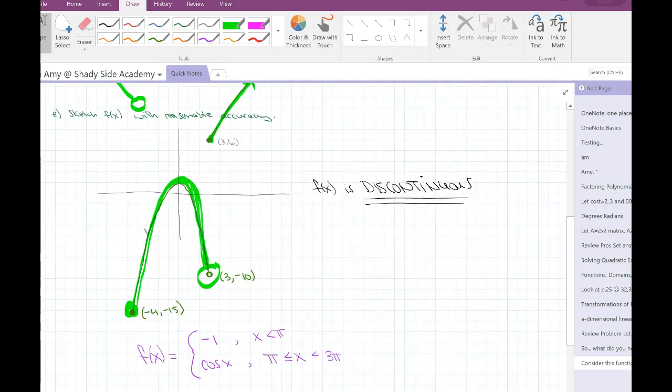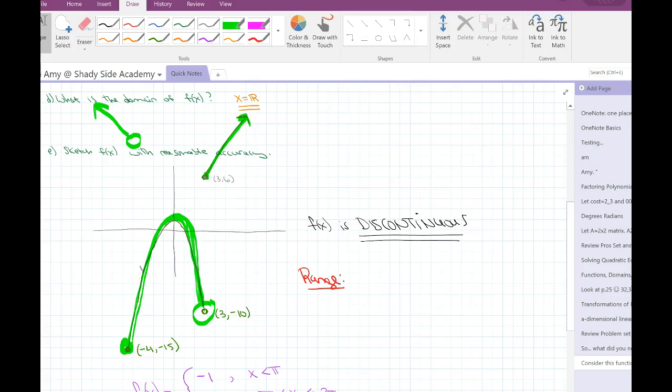Okay, the range here would be the following. Notice that y could be values of y equals 6 or greater. For values of y equals 6 or bigger, that accounts for this piece and this piece. But then y could be 1 or less until you get to -15 inclusive.